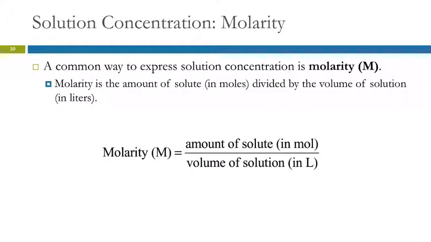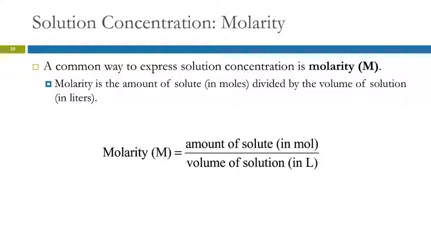One of the most common ways to express the concentration of a solution in chemistry is the unit molarity. Molarity is abbreviated with a capital M. It is the amount of solute in moles divided by the volume of the solution in liters.